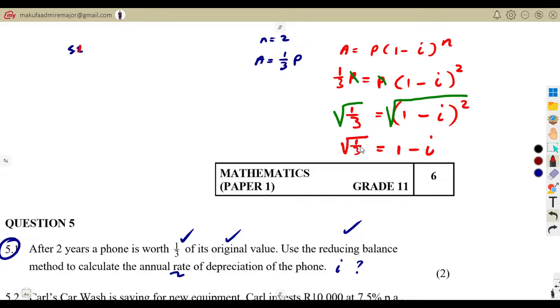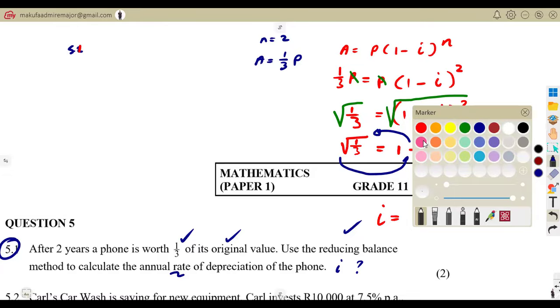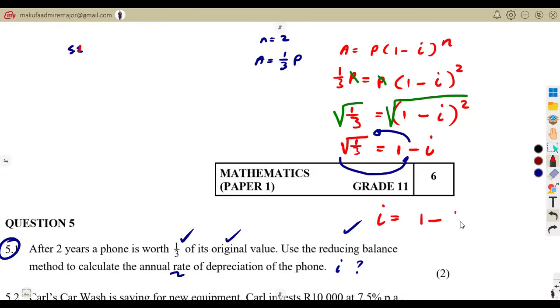Of 1 over 3. So we want to find the i there. We can take it to the other side. It becomes a positive there. So meaning to say i is going to be 1 minus the square root of 1 over 3.